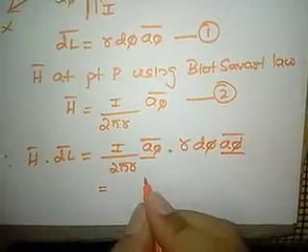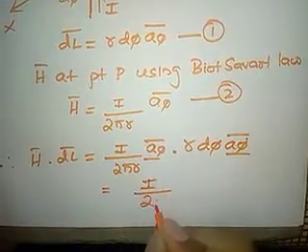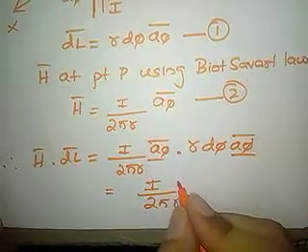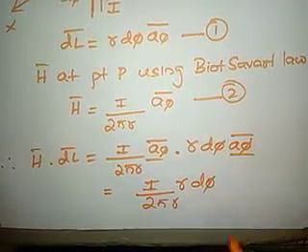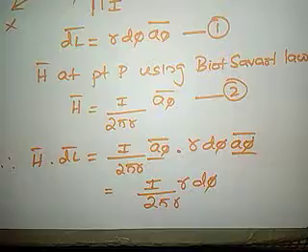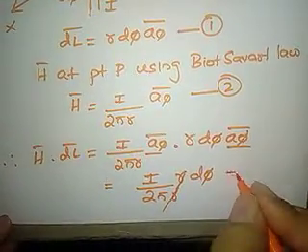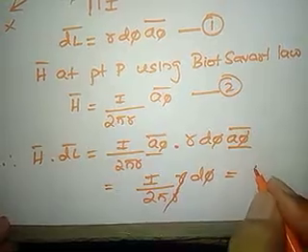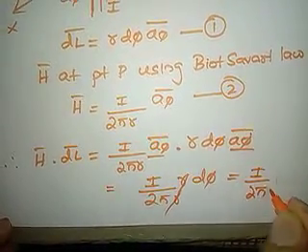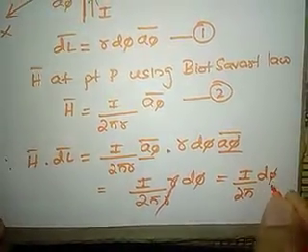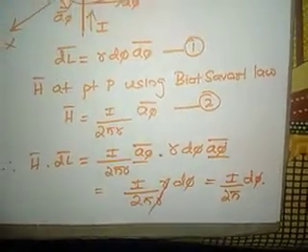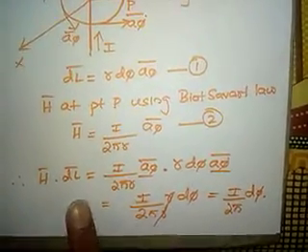So the equation reduces to I divided by 2 pi r d phi. R and r will cancel, so this will be equal to I divided by 2 pi d phi. Fine. We got the H bar dot dl bar.